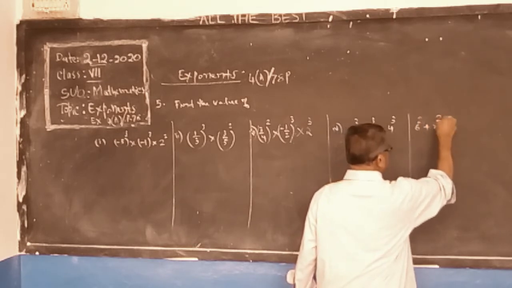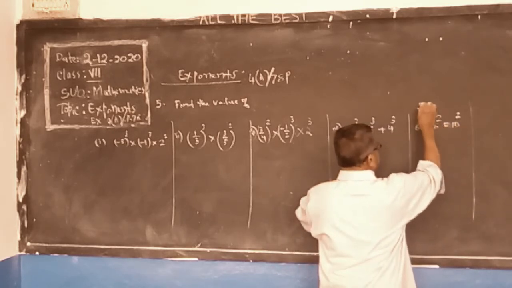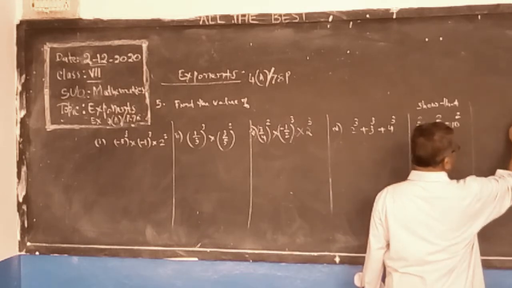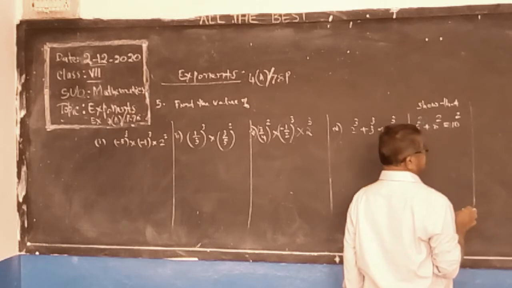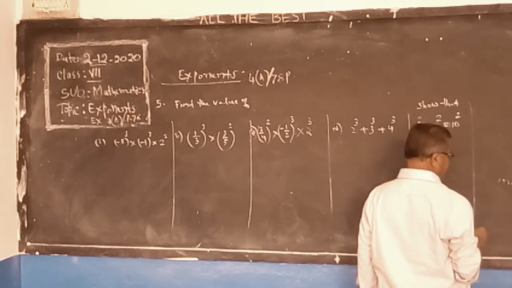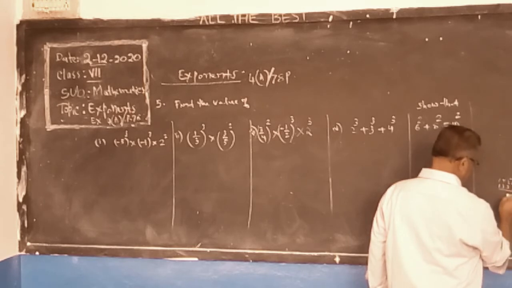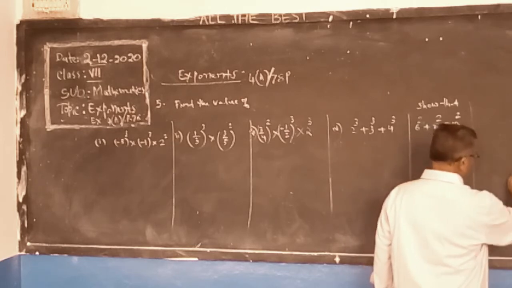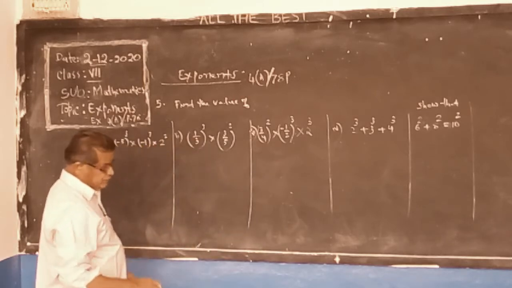Six squared, 8 squared, 10 squared. Now let us find the values.